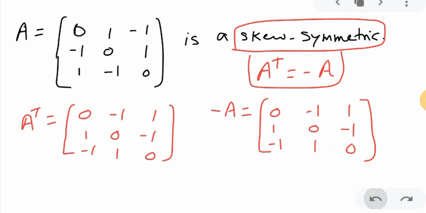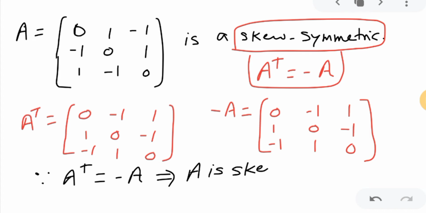So you will write, since A transpose is equal to minus A, then A is a skew symmetric matrix. Skew symmetric matrix proved.